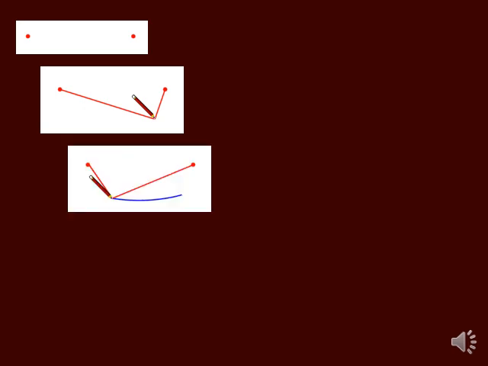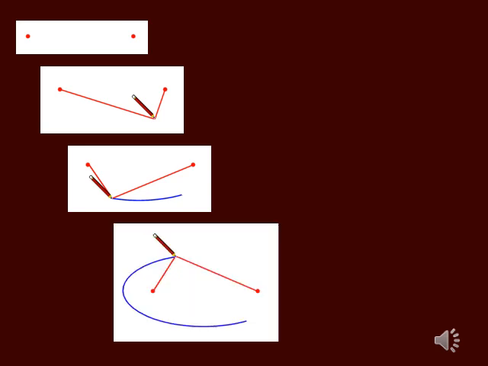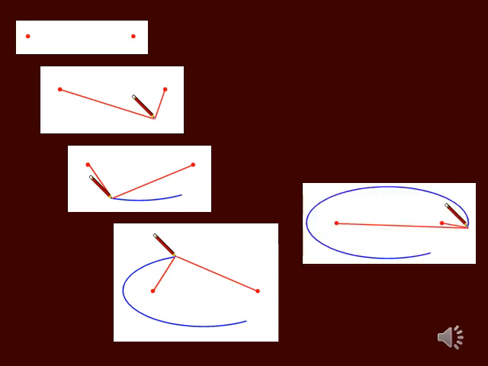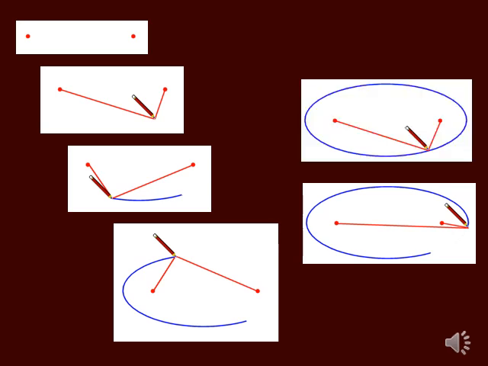If you trace around and always keep the pencil stretched out as far as it'll go, that's going to keep the sum of the distances to those points the same. And as you keep going all the way around, you're going to end up with an ellipse. You start with those 2 fixed points, you keep the sum of the distances to those points the same, and if you look at all of the places together that have that, you have an ellipse.